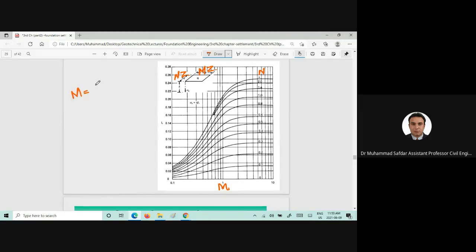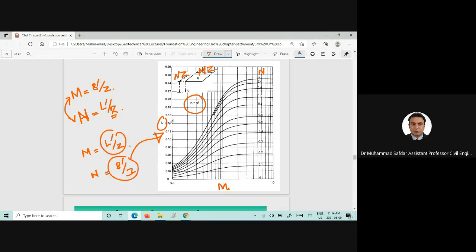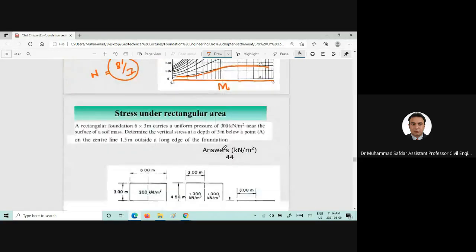M we can find, for example, B prime divided by Z, and N is equal to L prime divided by Z. If you interchange M and N, the value of I sigma won't change, so you don't need to worry about swapping M or N. So you ultimately get this value based upon M, and these curves show the N values.